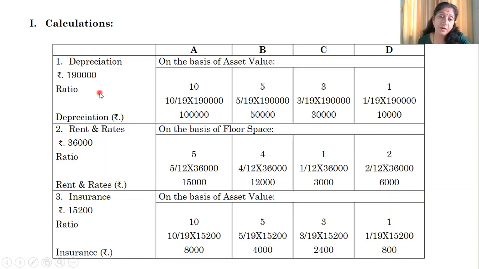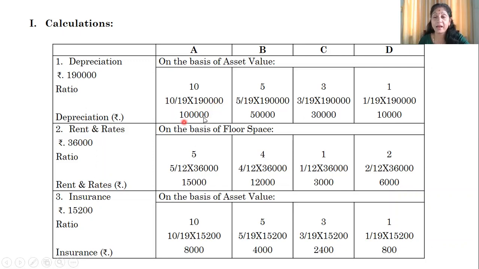Now, by using this ratio, we calculate the depreciation for department A. 10 divided by 19. How did we get 19 here? 10 plus 5 plus 3 plus 1 is equal to 19. Okay. The department's ratio divided by the total ratio into that expense. Okay. 10 divided by 19 into 1,90,000.